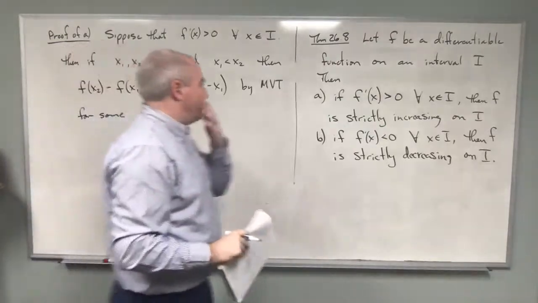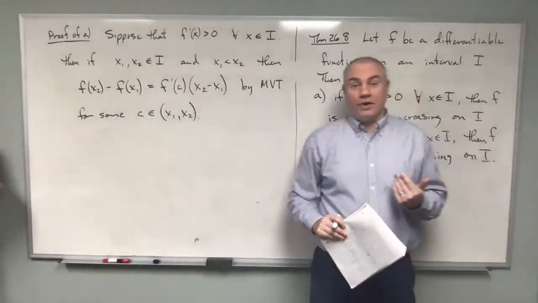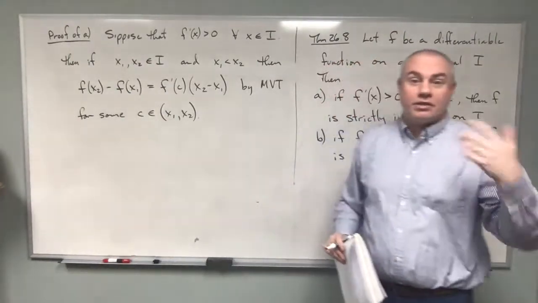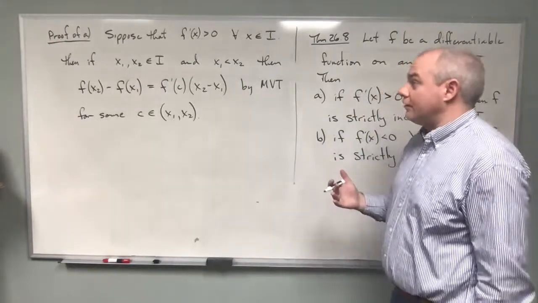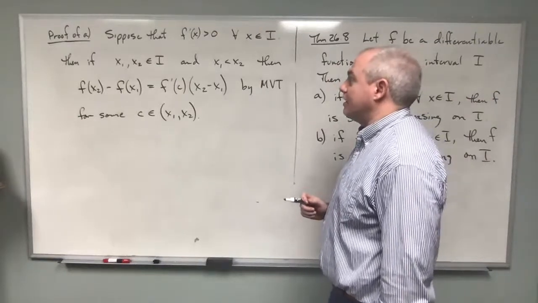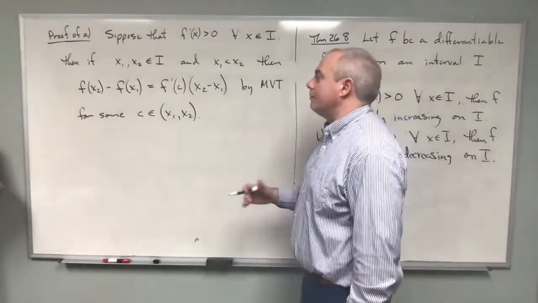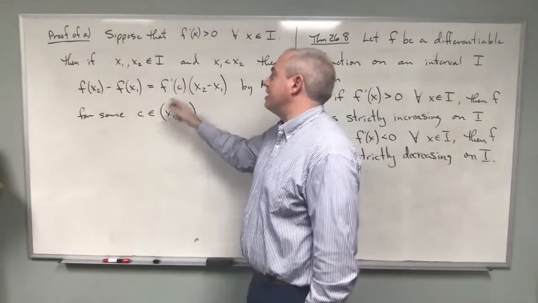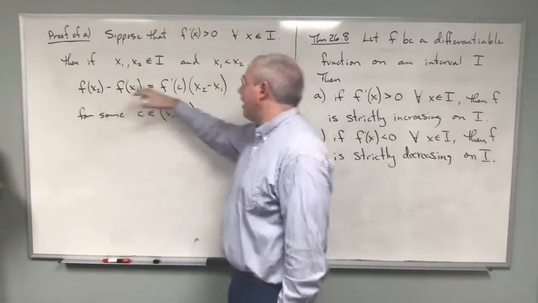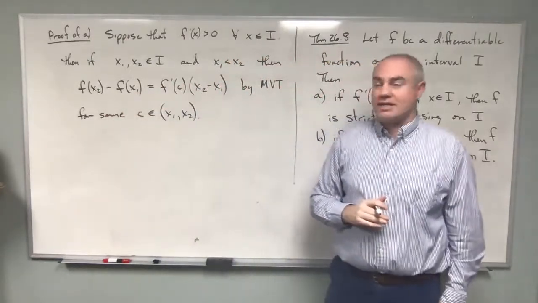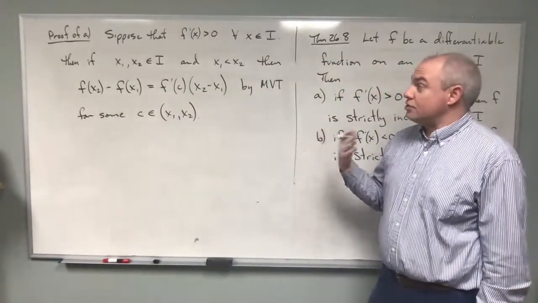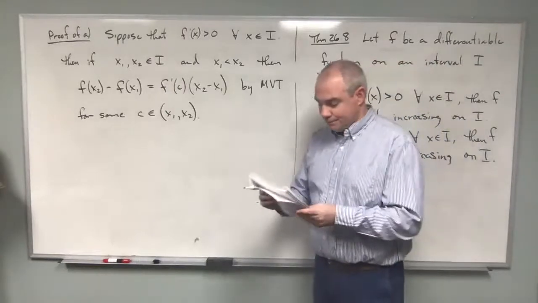Okay, so f is a differentiable function on the interval, meaning differentiability implies continuity, so it's continuous on the interval. Take 2 points inside the interval, and this will give me that the mean value theorem holds. Well, the mean value theorem says that f prime of c is equal to f of x2 minus f of x1 over x2 minus x1. I just multiplied both sides by x2 minus x1, and I get this result. Okay, so this is just true by the mean value theorem.